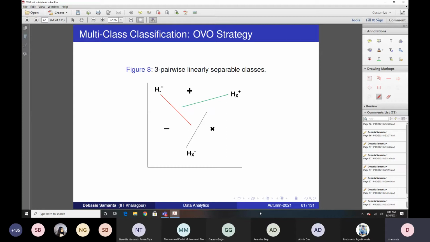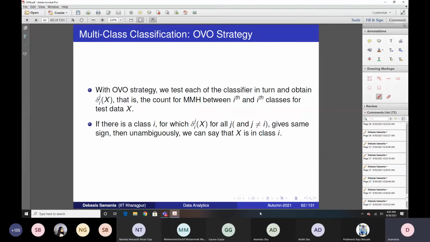What I want to say is that you will find many hyperplanes, as shown here in the figure. For the 3-class problem there are 3 hyperplanes, because it is 3C2. Now the decision that you can obtain is that we take the del x values for each.